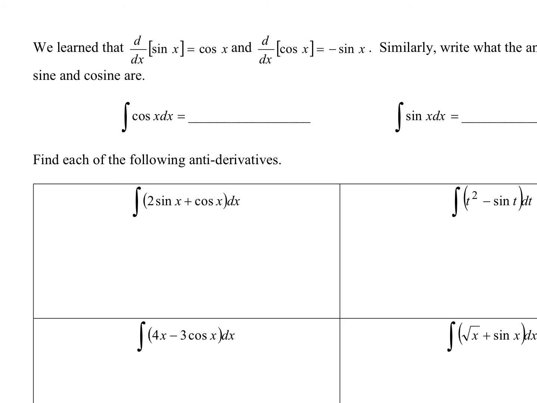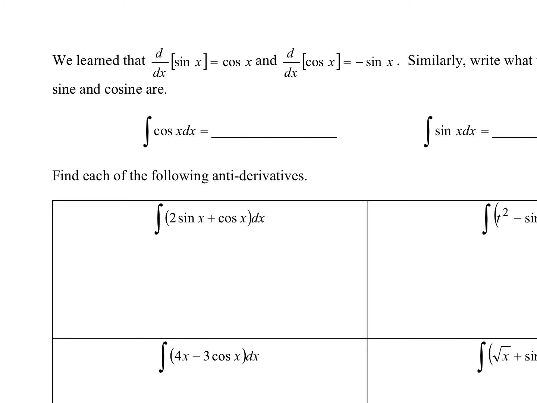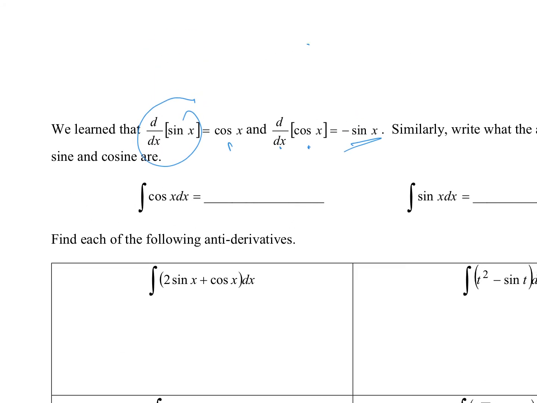All right, here it is. We have learned that the derivative of sine is cosine. We have learned that the derivative of cosine is a negative sine. So now, knowing this information, this is sort of like when I asked you, do you remember the derivative of something was equal to 1 over x? And then it was Jillian who said, oh, the derivative of ln of x was 1 over x.